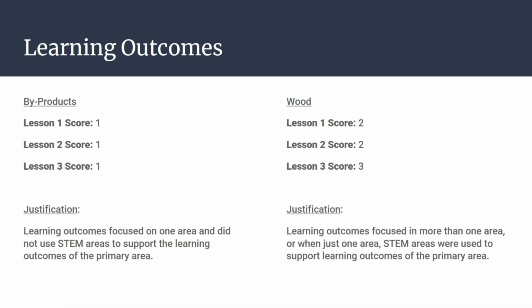So we'll transition now to the next criterion, and this is focusing on the learning outcomes. The expert panel scored the 3 lessons for byproducts at level 1, the exploring level. This was because all 3 of the lessons focused on learning outcomes that were exposing students to the content of agricultural byproducts. They really did not engage students in making the connections to STEM in a way that the outcomes would be expressed. For the wood lessons, you'll see it's also a 2, 2, 3, respectively, for these 3 lessons.